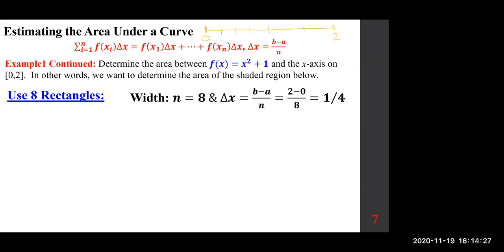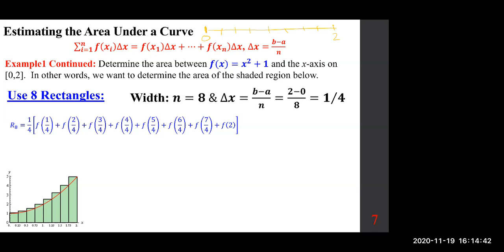And you cut this carefully into 8 pieces, starting from 0, ending with 2. And so we want the right endpoints looking like that. So R sub 8, okay. What are you using for the width? The width is fixed at 1/4. What about the height? You use all of these endpoints except the first one for the right.